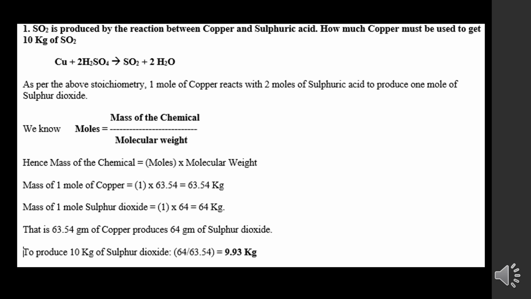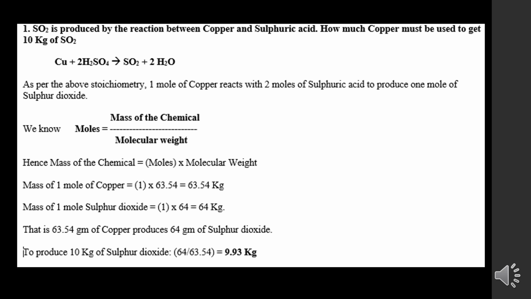As per the above stoichiometry, 1 mole of copper reacts with 2 moles of sulfuric acid to produce 1 mole of sulfur dioxide. We know moles is equal to mass of the chemical divided by molecular weight of that particular chemical. Hence, mass of the chemical is equal to moles into molecular weight.